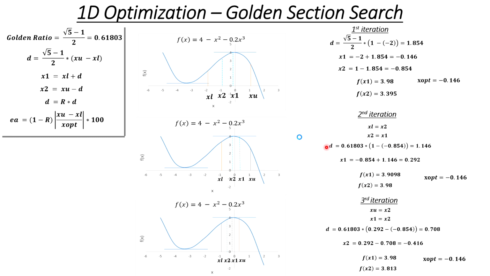So basically we replicate what we've done with the second iteration here. So we're going to keep doing that over and over again until the x optimum gets below the 0.1% error, and we converge to the maximum here at 0. And this is done similarly to the minimum, but the only difference between the maximum and the minimum is that instead of taking the highest function value as the optimum, you're going to take the lowest function value as the better estimate for the minimum.